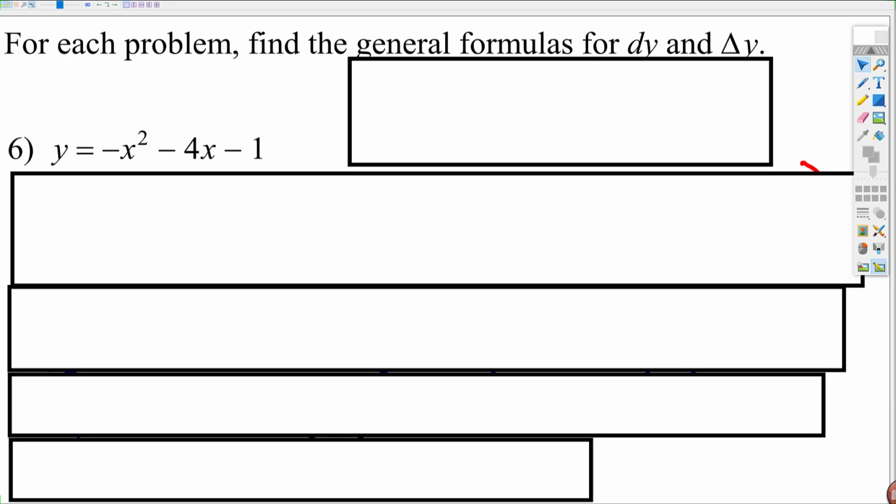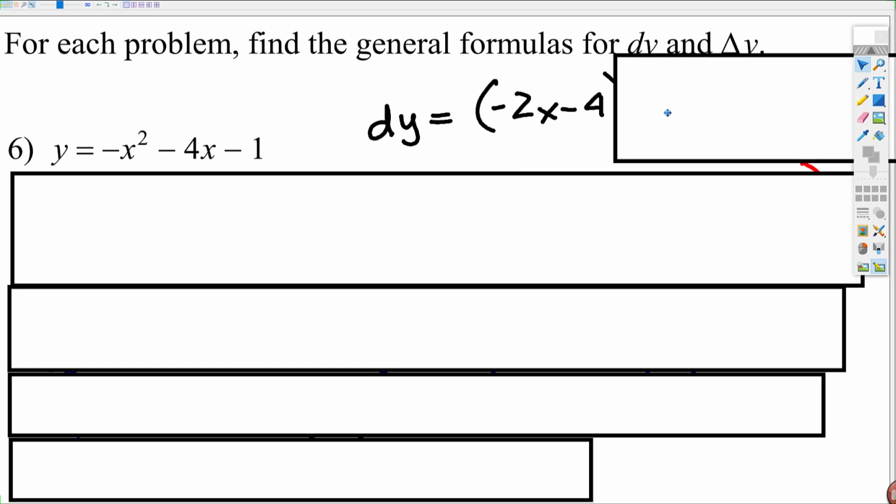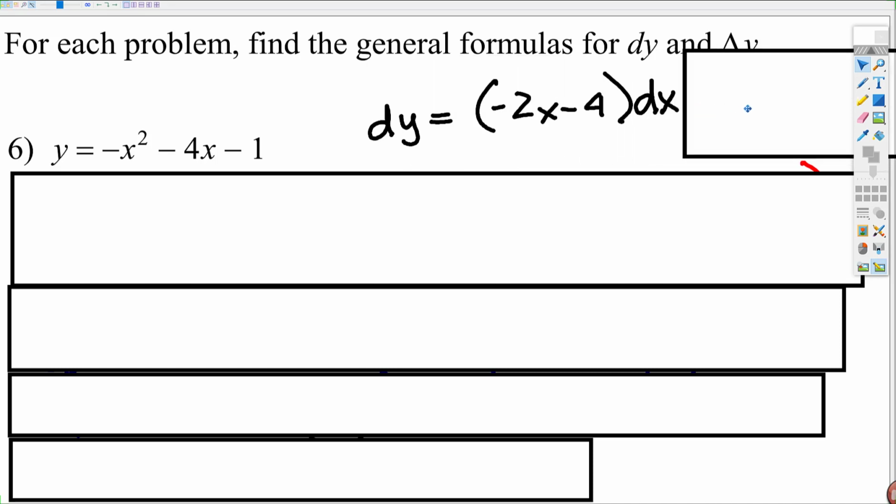Okay, now we're going to do a polynomial, and it's easiest to find the derivative. So the derivative of negative x squared subtract 4x is just negative 2x subtract 4. And then put that in parentheses and multiply that by dx. That's easy.